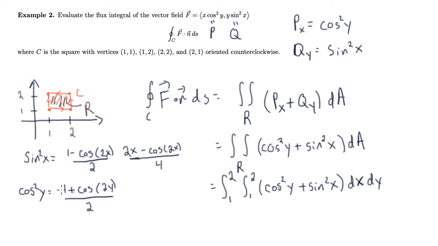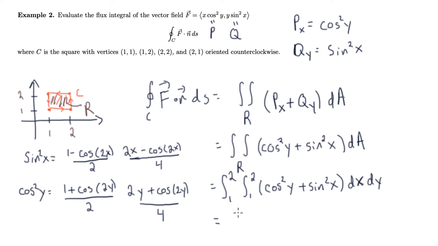And the antiderivative of this guy is going to be y, so very similar, plus sine 2y over 4. And then I just want to evaluate this antiderivative from 1 to 2. So this is just going to be 1 when I evaluate x.